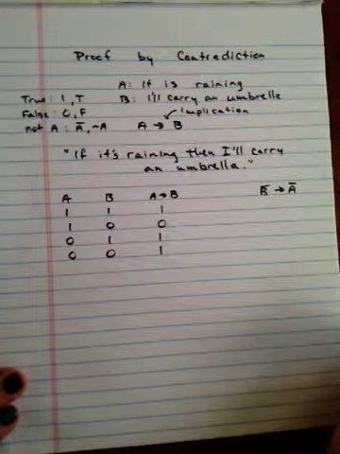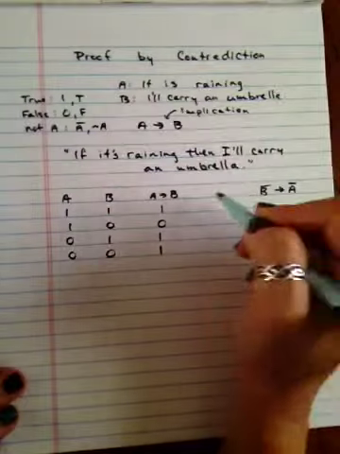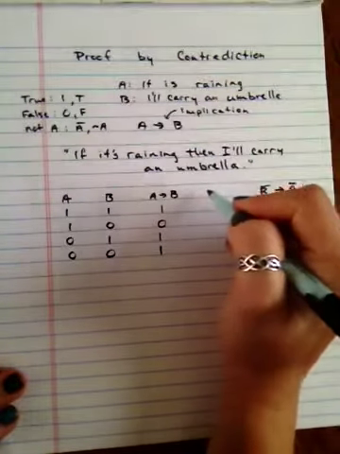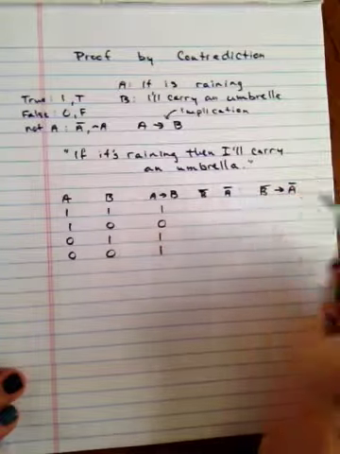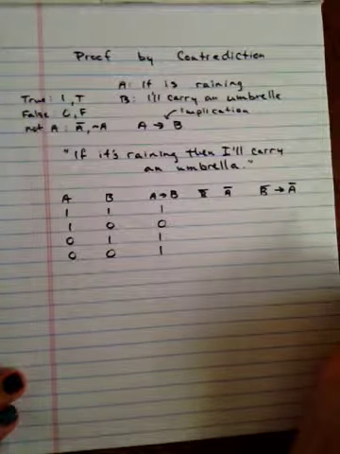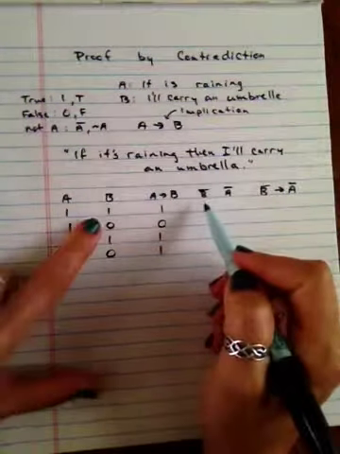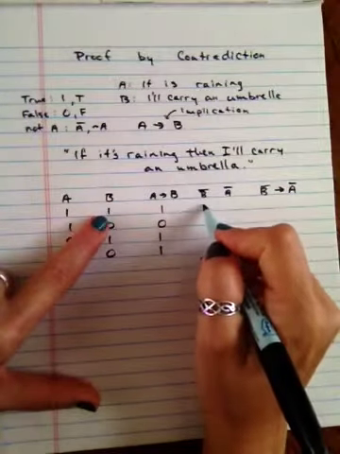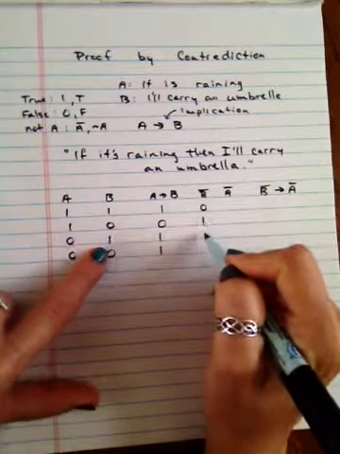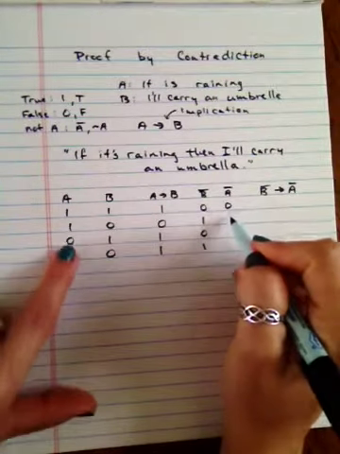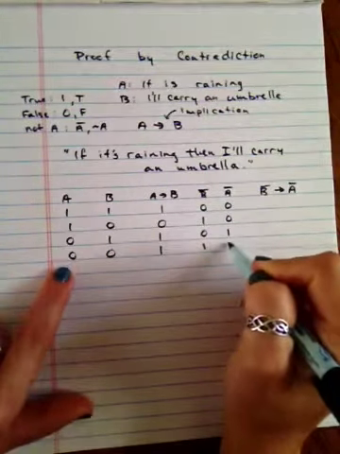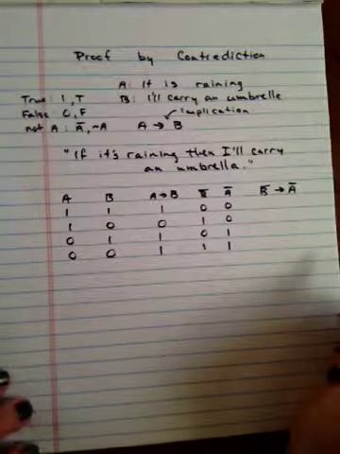For some people to keep track of everything, they'll go through and do the columns. So I'm going to do a not B column and a not A column, which will be the exact opposite of the A and the B column. For not B, since B is true over here, not B obviously is false, and we're just going to swap the 1s and the 0s and do the same thing for the A. That just keeps it straight for some people.